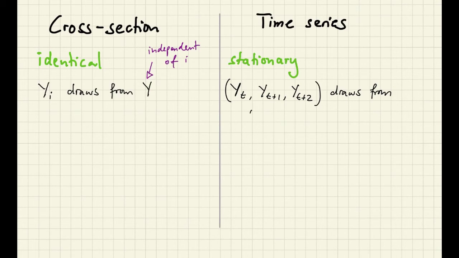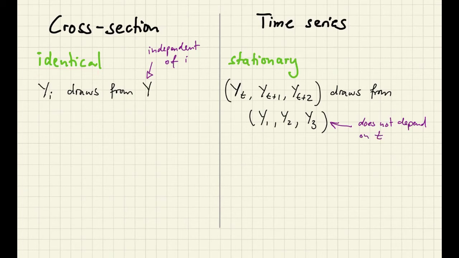Let's just say this population is y1, y2, y3. Or a different way of expressing the same idea is saying that any segment of 3 consecutive time periods draws from the same population as the first 3 time periods. Again, what is important here is that this does not depend on t.